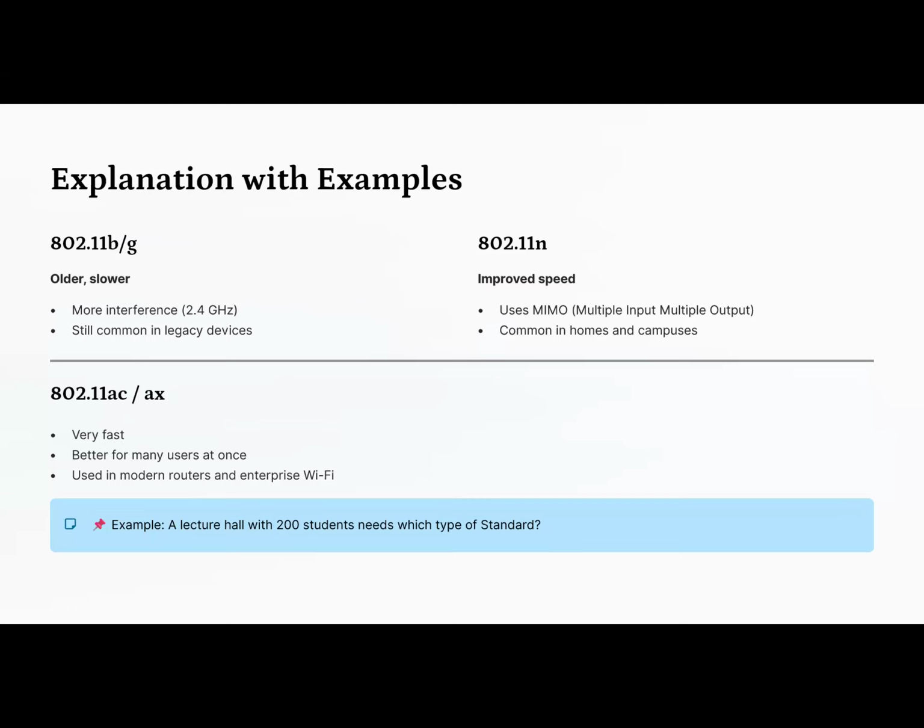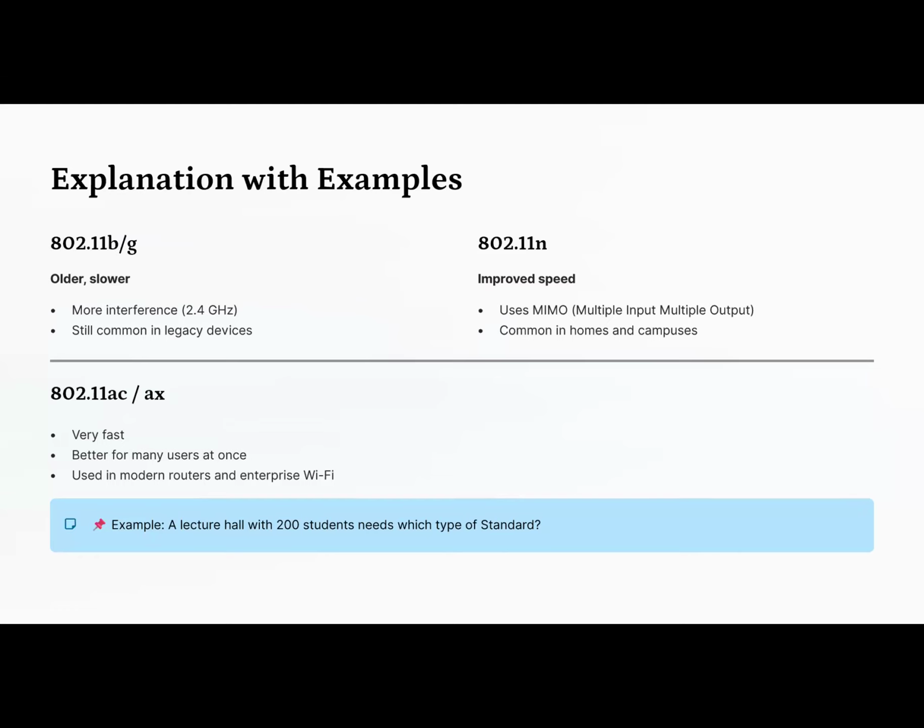Connections will be dropped, and the users will not have a better experience. But when we use the AC and the AX, there is a higher speed. It is more reliable, so there wouldn't be any congestion on the network. So in actual fact, Leonard and Gertrude, you're all right.